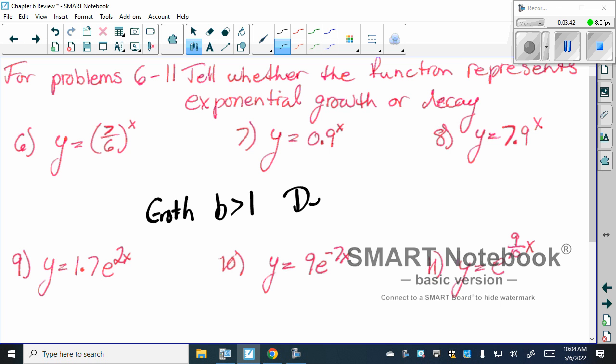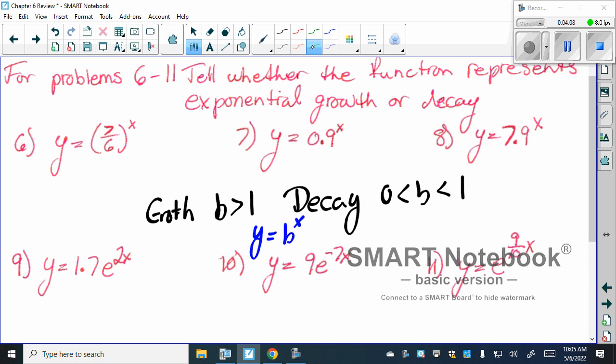And it's decay if b is between 0 and 1. So if the value of b is between 0 and 1, it's decay, and if it's greater than 1, it's growth. And it's probably nice to see that y is equal to b to the x is the general equation. We can probably do all 6 of these pretty easily.